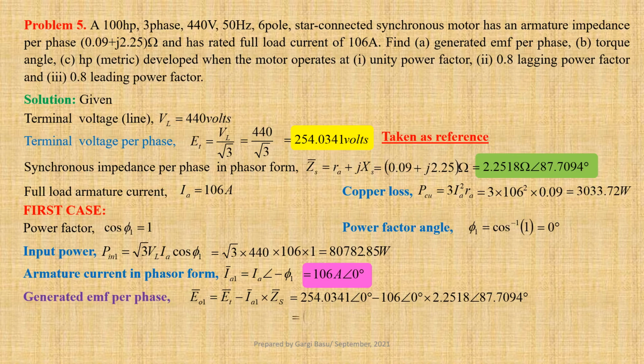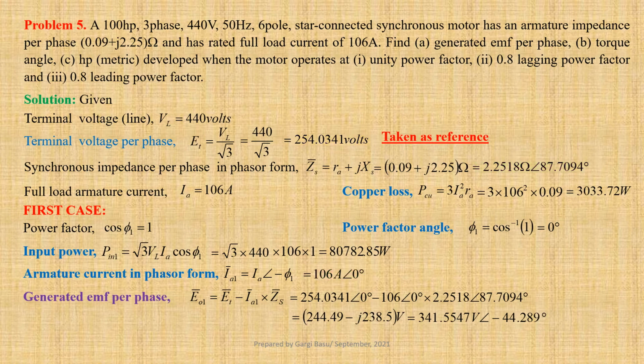That gives us 244.49 minus j238.5 volts. This may be written in polar form as 341.5547 volts at an angle minus 44.289 degree.